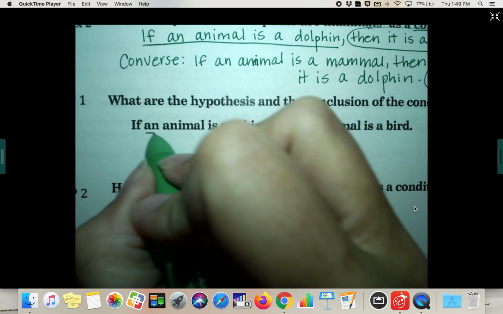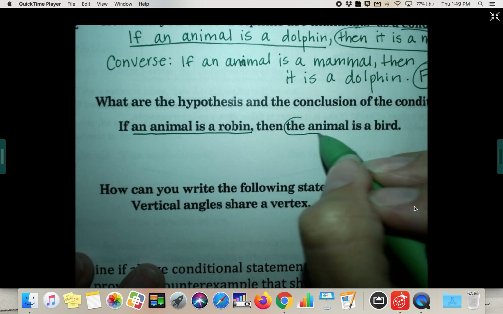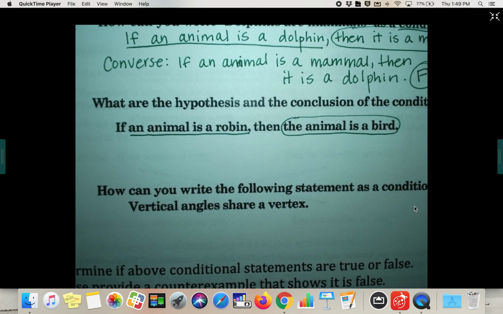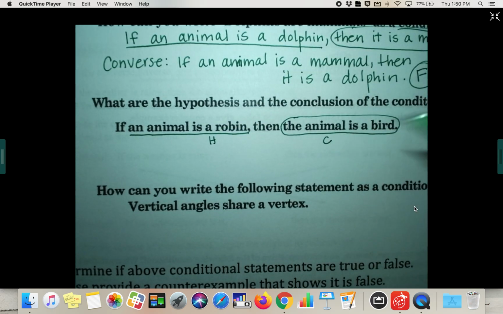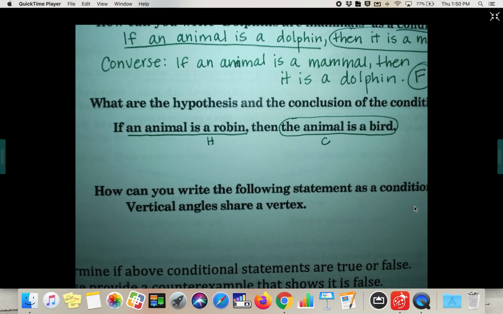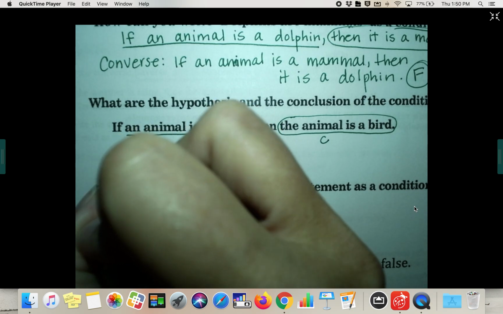If an animal is a robin, then the animal is a bird. Obviously the hypothesis is here and the conclusion is here. The if comes first and then the then. And then I think we should practice writing a converse of this as well.